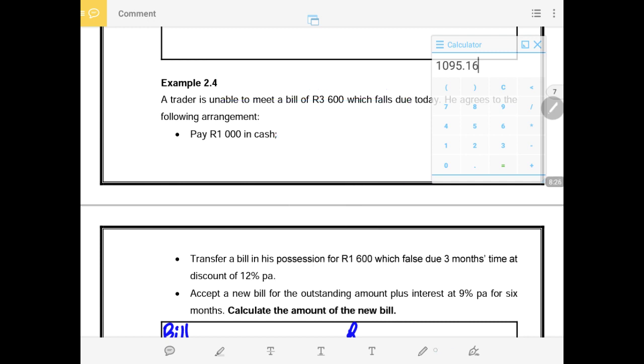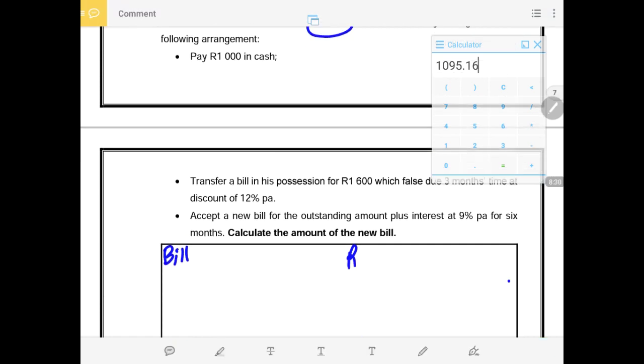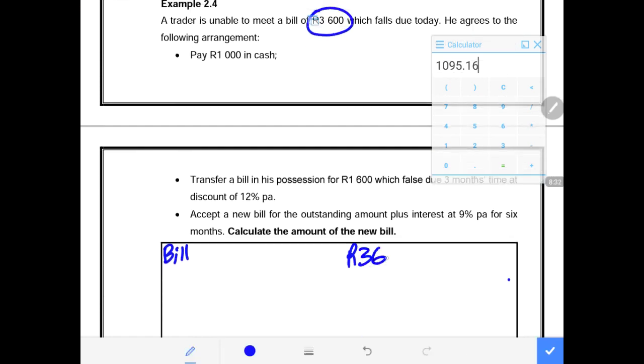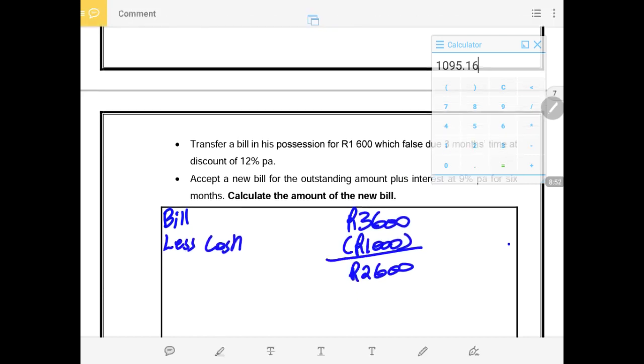Then he does have cash that is available. So we need to say less cash that is available. How much cash does he have? He has cash of 1,000. Then he will still be owing an amount of 2,600, which is the balance.